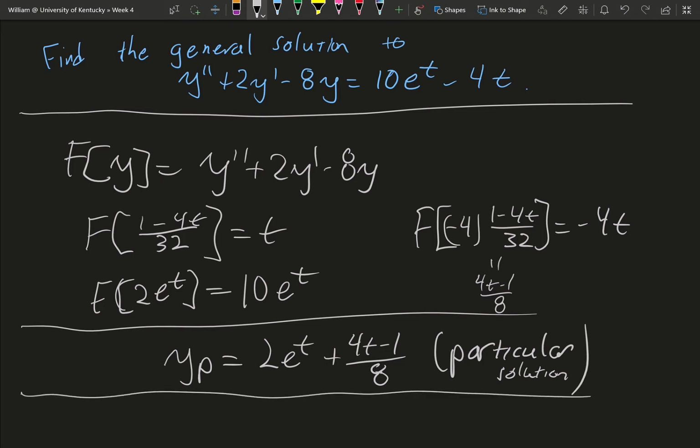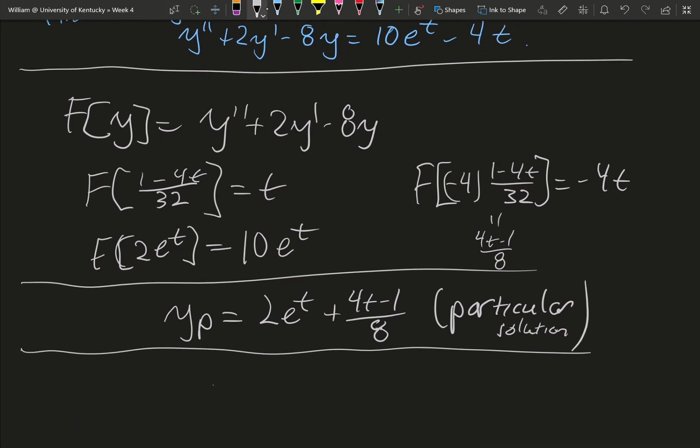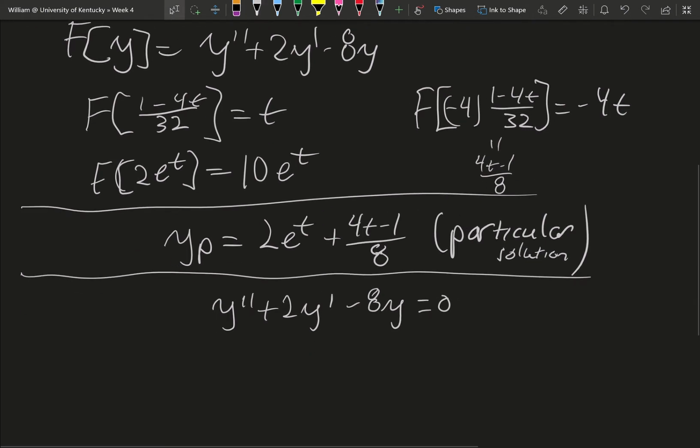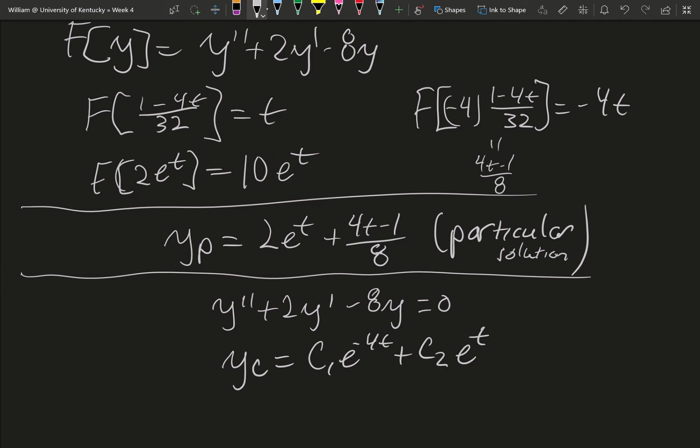We need to find the general solution. That said, we just need to solve the complementary equation. It's pretty straightforward, so I won't show it. I'll just tell you that your complementary solution is going to be c1 e to the negative 4t plus c2 e to the 2t.